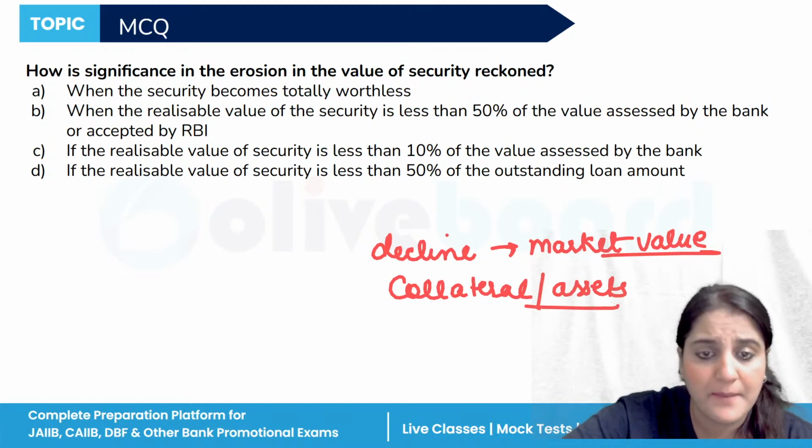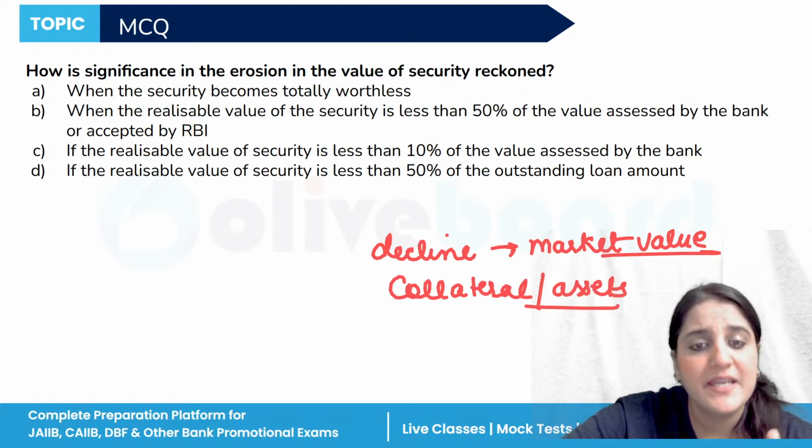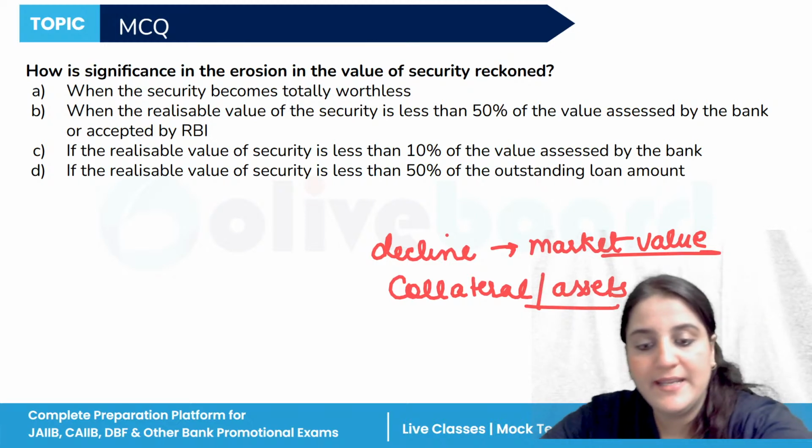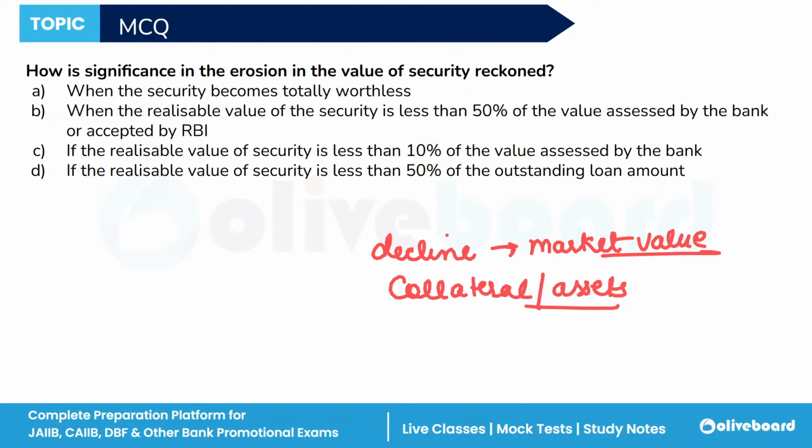This concept is particularly important in the context of lending, investment and risk management, because a decrease in the value of the security can significantly affect the lender's ability to recover the loan amount in the event of default.